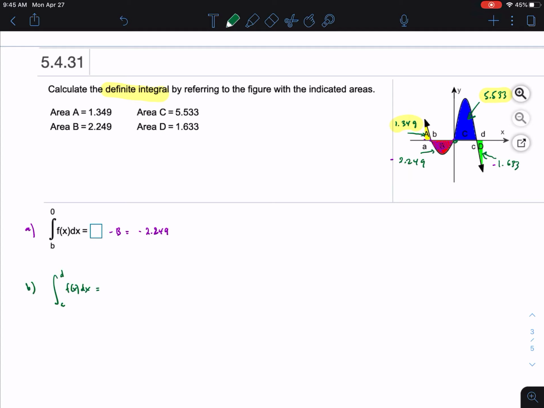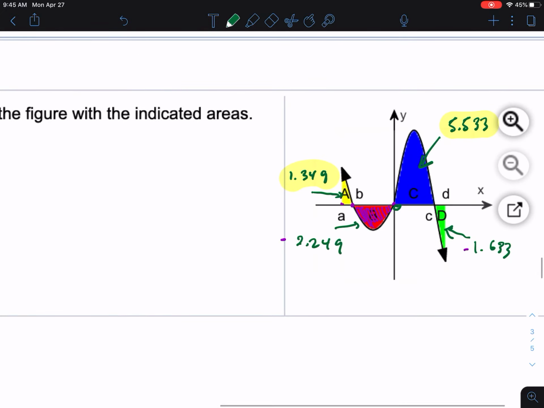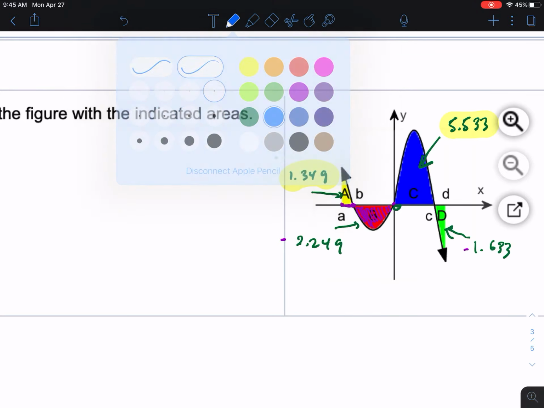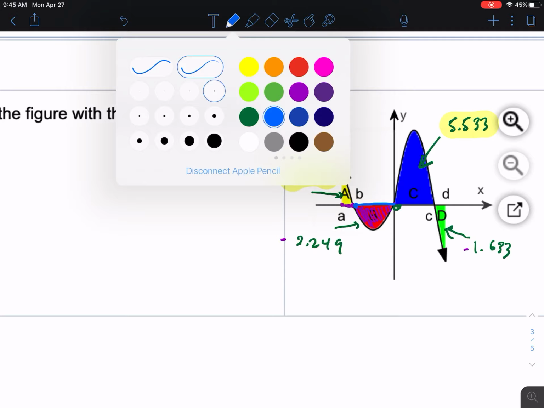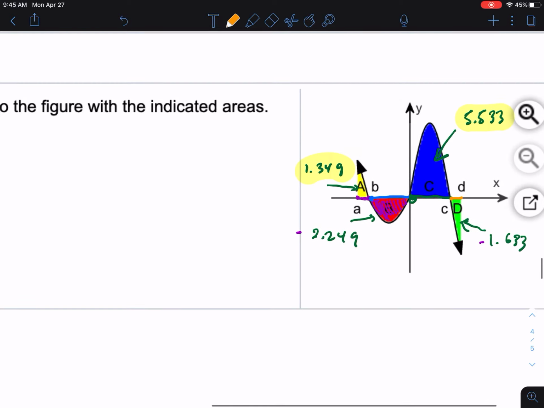So if we look at the area from a to d, we're integrating, or finding the area, from a to b, and then from b to 0, and then from 0 to c, and finally from c to d. I should use a different color here. So we can break this into four parts of the definite integral.